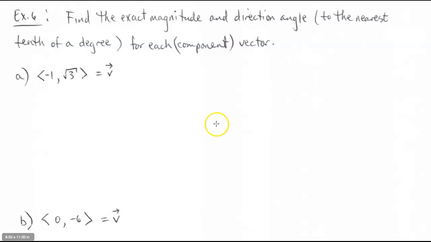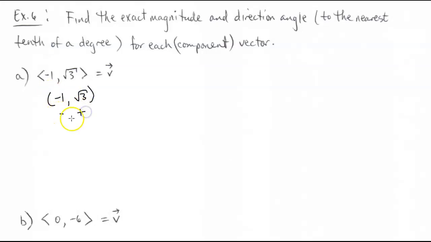Okay, so for our first component vector, we see that we have the vector -1, square root of 3. Just by looking at this, we know that since it's a component vector, its terminal point ends at this particular point on the graph.